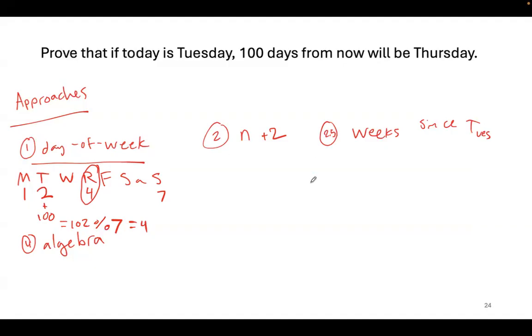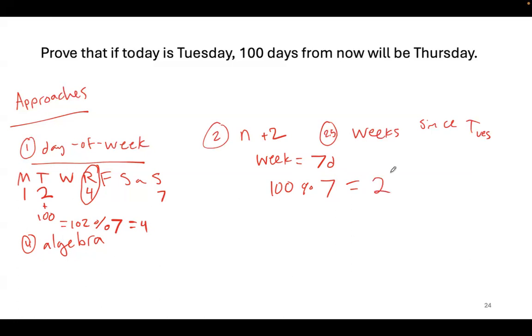I see another, kind of 3 examples of this, maybe 4. The idea is that a week is 7 days. And so if we divide 100 by 7, we get 14 remainder 2.